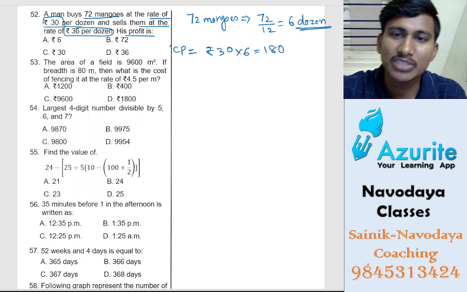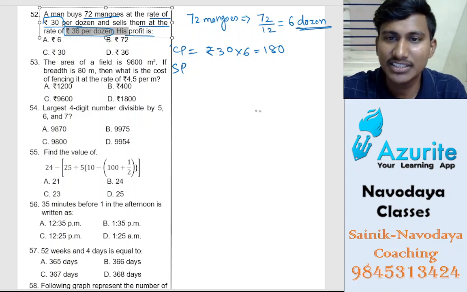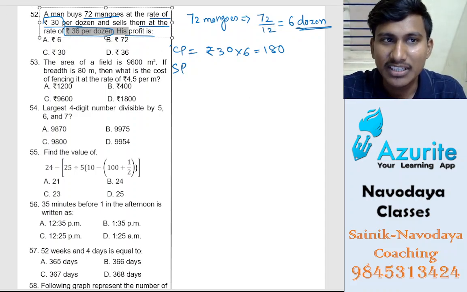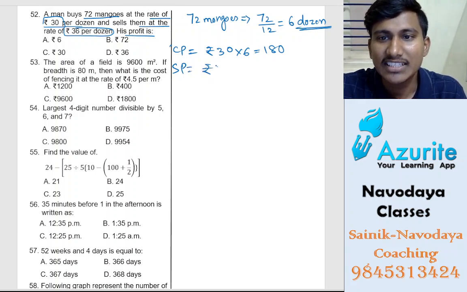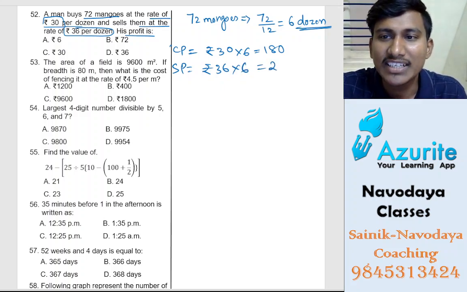Now what is the selling price? It is 36 rupees per dozen, right? So 36 rupees per dozen, and 6 dozen are there. So the total will be 216.